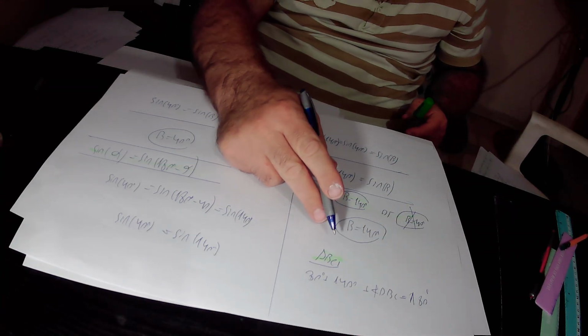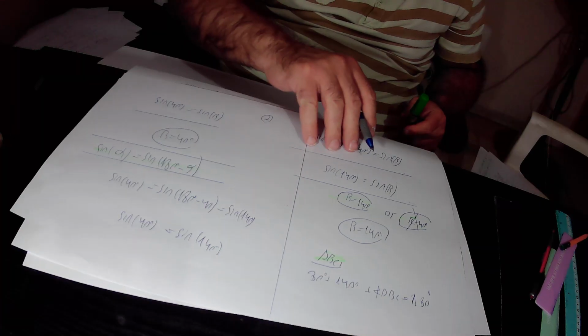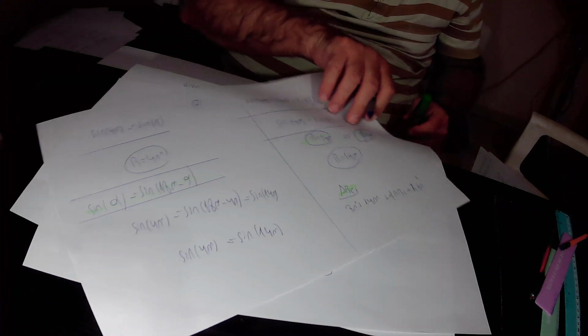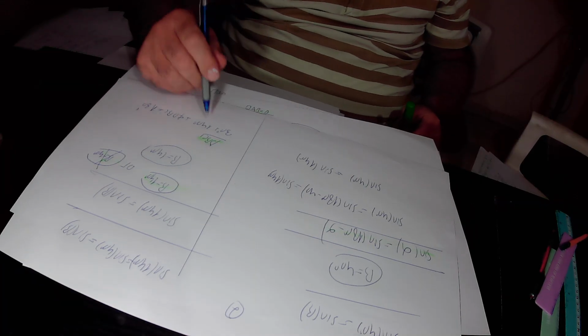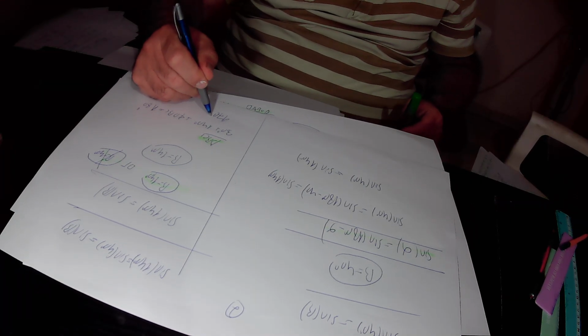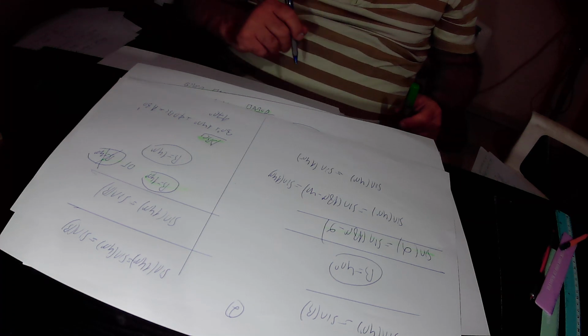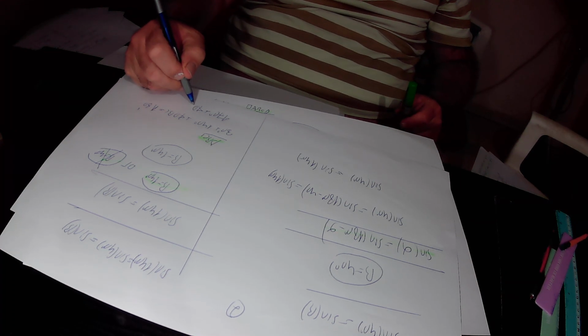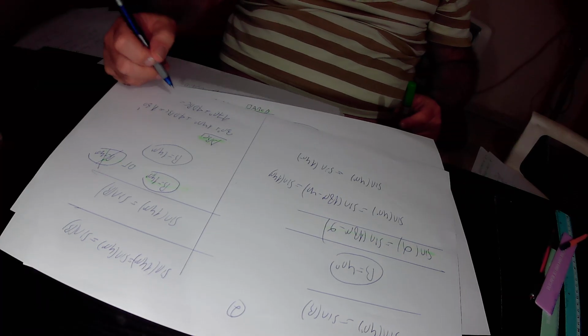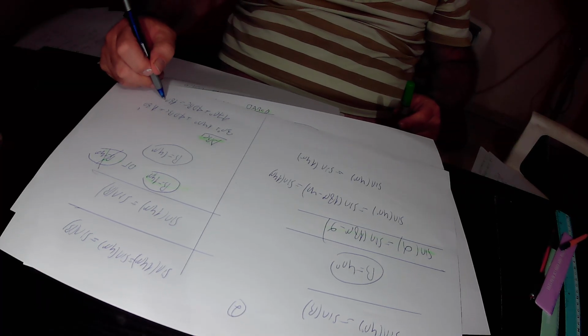30 degrees plus 140 degrees is 170 degrees. So 170 degrees plus the missing angle DBC in total must be equal to 180 degrees.